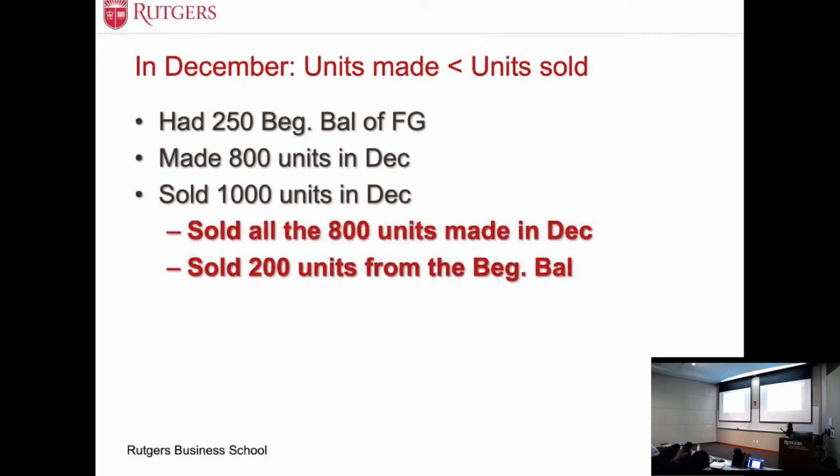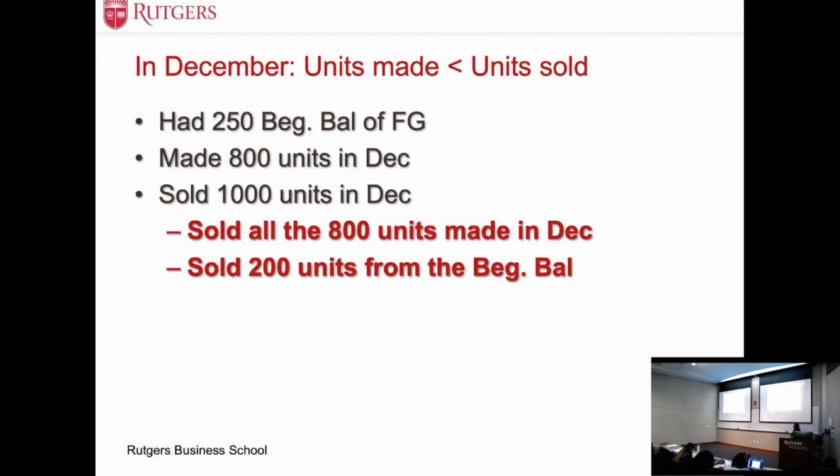So here, in December, we said that we had 250 beginning balance left from November, right? And we made 800 units, new units in December, and we sold 1,000 units. So let's imagine that the rule is FIFO, right? First in, first out.